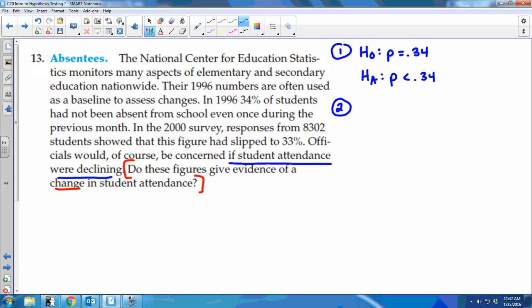Conditions. So we have quite a few things we need to say. First, we need to talk about independence. So what are we worried about being independent? Right.